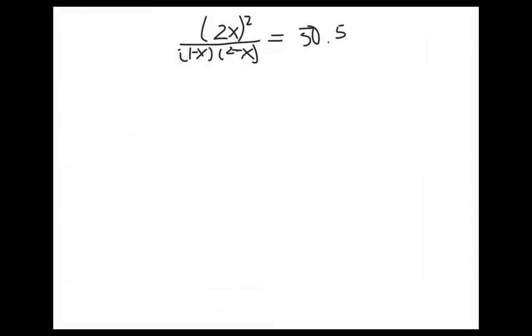So here we have the expression to determine the value of x. So let's solve the top part of the fraction. Parenthesis 2x, parenthesis power of 2. This will be equal to 4x squared. Now the bottom part, we need to multiply 1 times 2 and 1 times minus x.